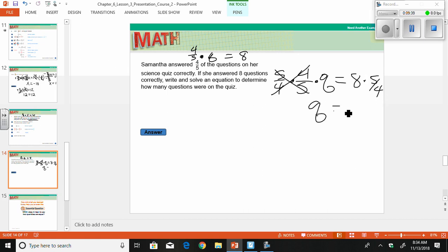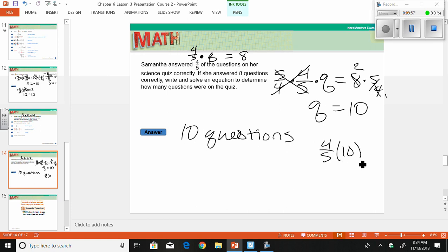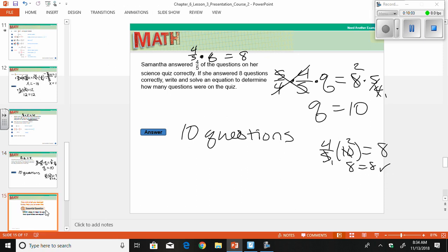We get Q equals 10. There are 10 questions on her test. You can always go back and check that out by taking 4/5 times 10 equals 8. We get 8 equals 8, so it does check out.